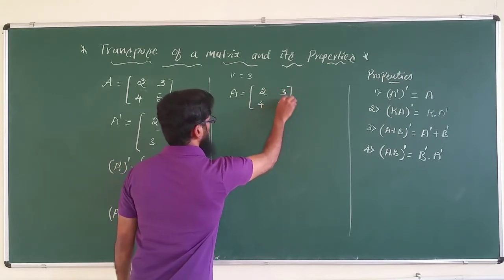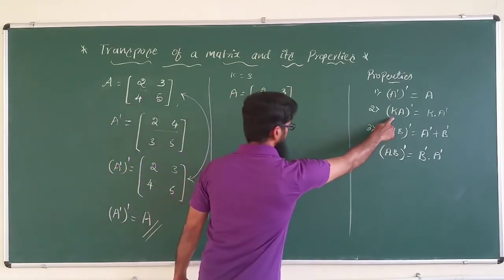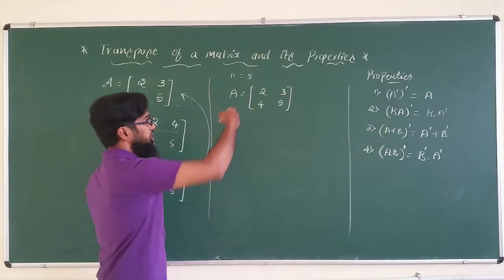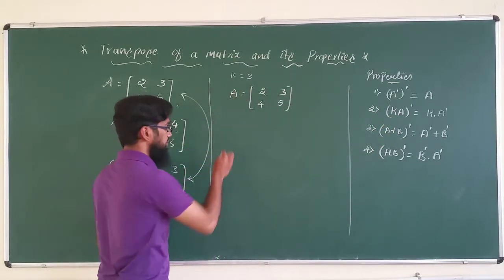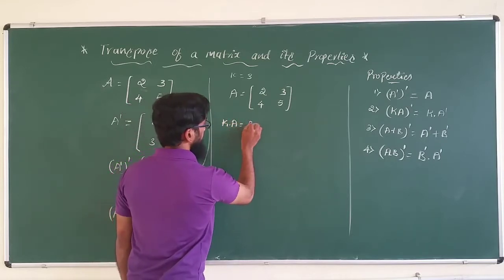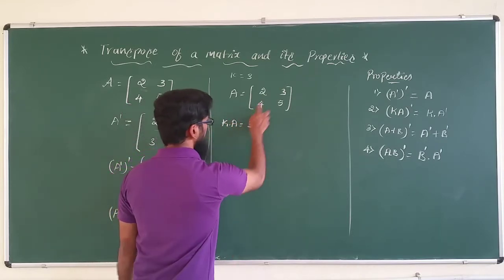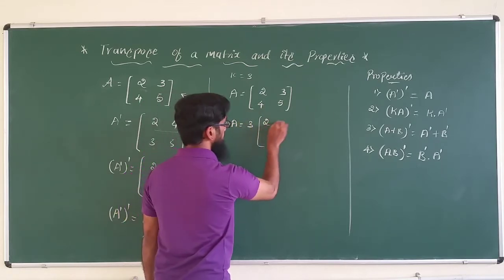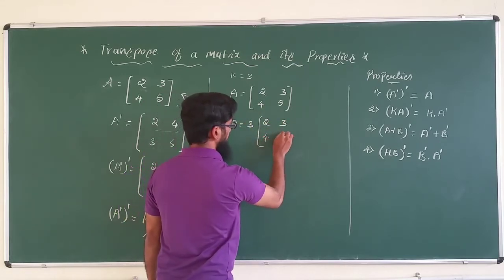So K into A, where K is 3, is 3 into the complete matrix 2, 3, 4, 5.